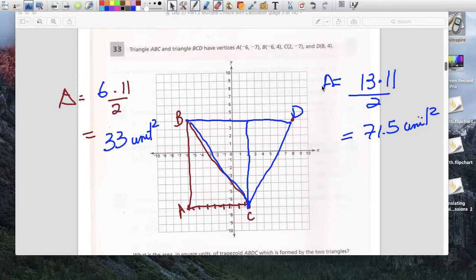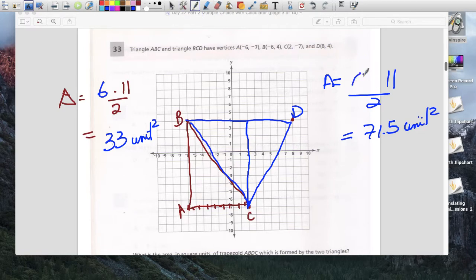So let's see, the blue triangle, the height is 7 plus 4, it's also 11, and my base is 6 plus 8, which should have been 14. Oh my god. Okay.